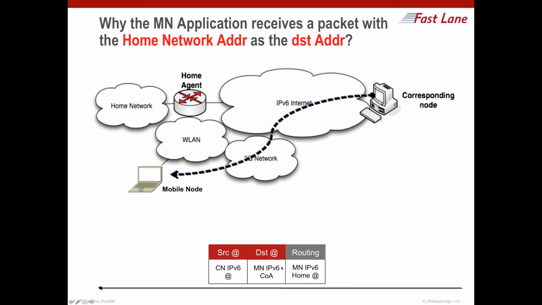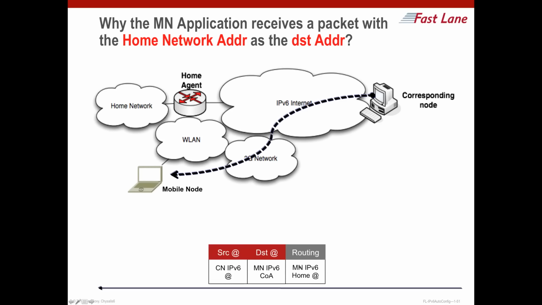So basically, the corresponding node sets the mobile node IPv6 home address in the routing header. So when the mobile node receives the packets, it takes a look at the routing header and swaps the destination address with the destination address which is in the routing header.